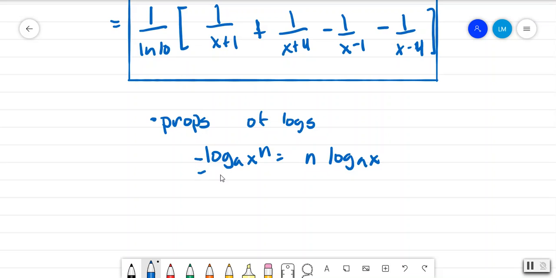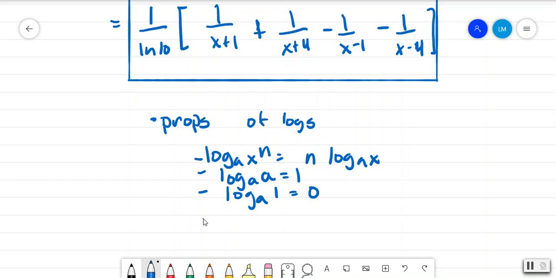If you have log base a of a, that's equal to 1. If you have log base a of 1, that's equal to 0.